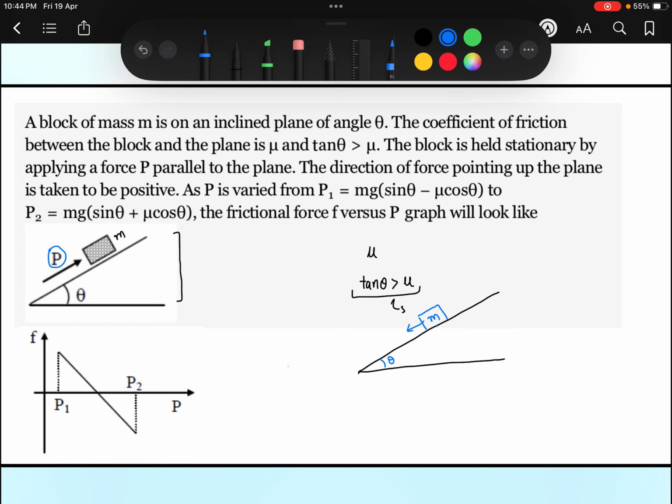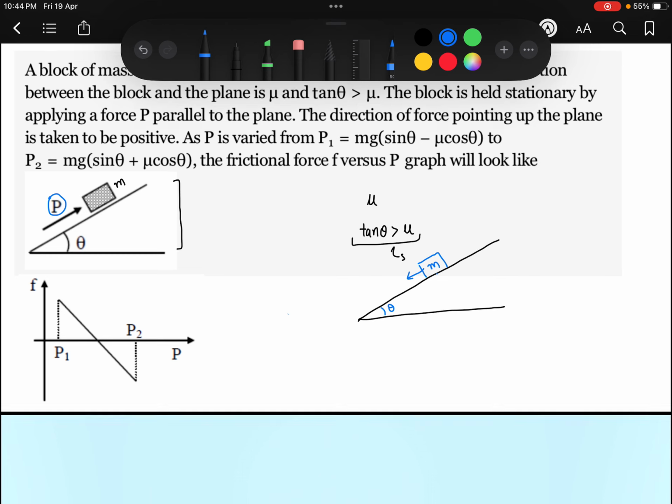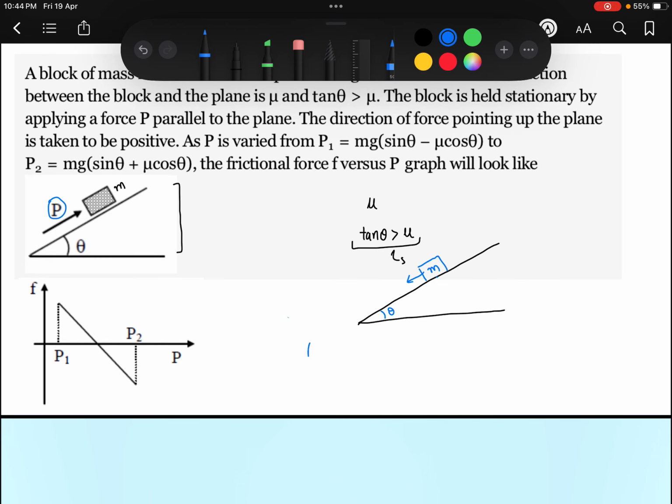Okay, as P is varied from P1, okay, so this P1 is given as mg into sine theta minus mu cos theta, right?